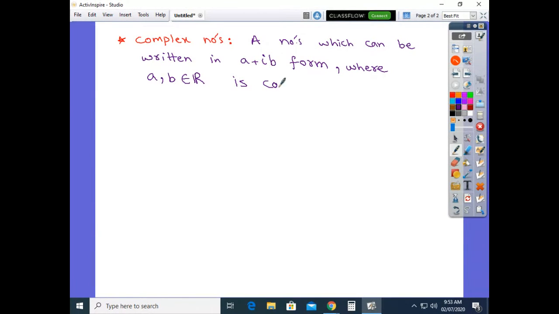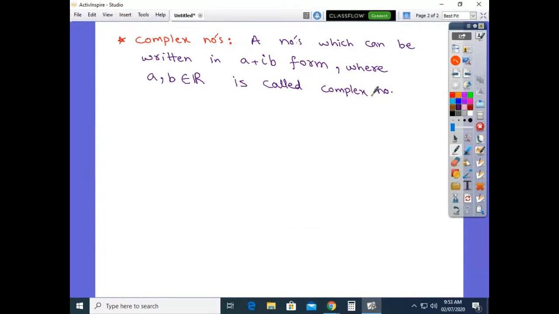A number which can be written in a plus iota b form, where a and b belong to real numbers, is called a complex number. In a complex number, we have two parts.